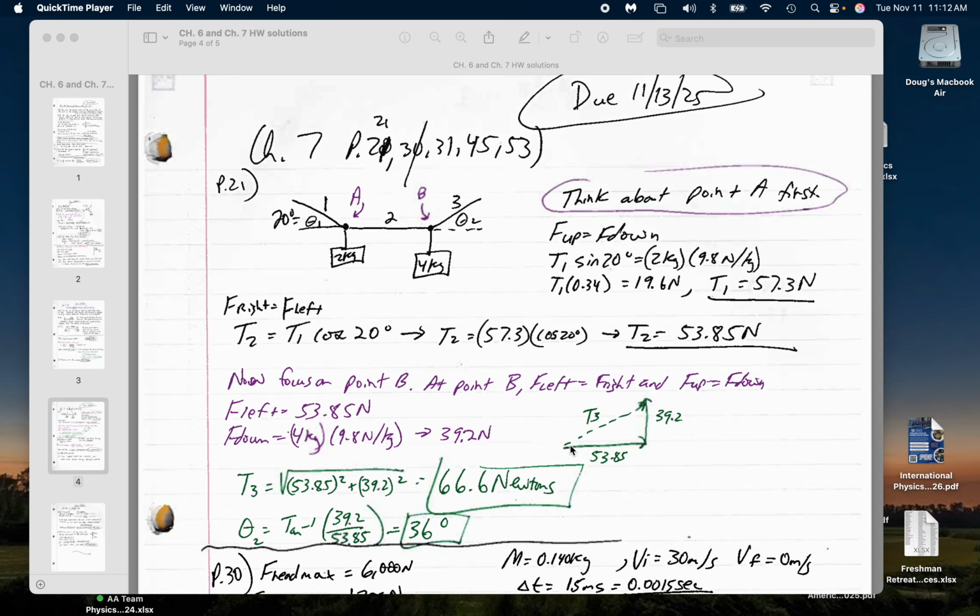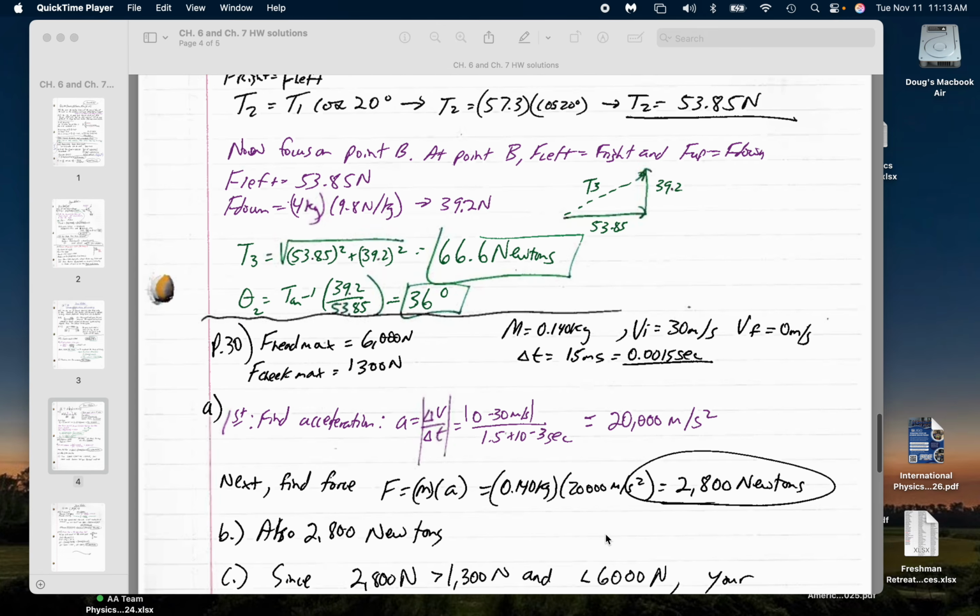So if I want to find T3, it's got to have a horizontal component of 53.85-ish, a vertical component of 39.2-ish. So that means the tension there is the Pythagorean resultant of that, so it's around 66.6 newtons. And the angle in here is inverse tangent of 39.2 over 53.85. So that's a 36-degree angle. So that was kind of a nice one. Lots of little steps, but hopefully you see the connections between the steps.